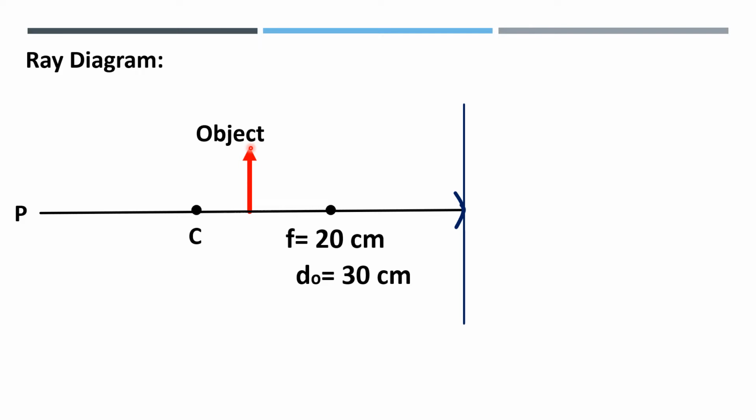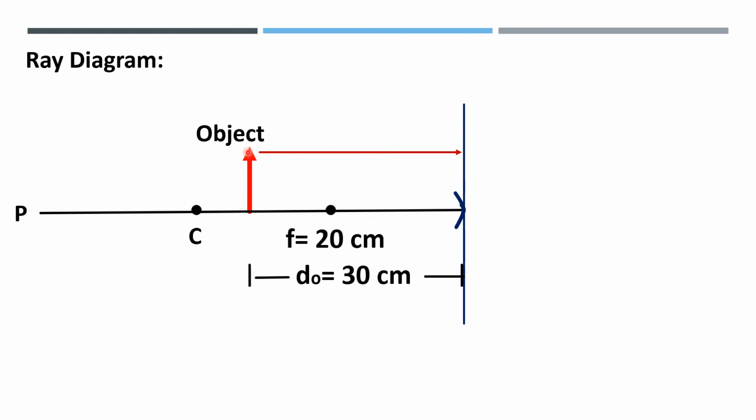Now there can be several incident rays coming from the tip of the arrow that will strike the surface of the mirror, but we only choose two incident rays that are considered most convenient. And the first one is an incident ray that is parallel to the principal axis.